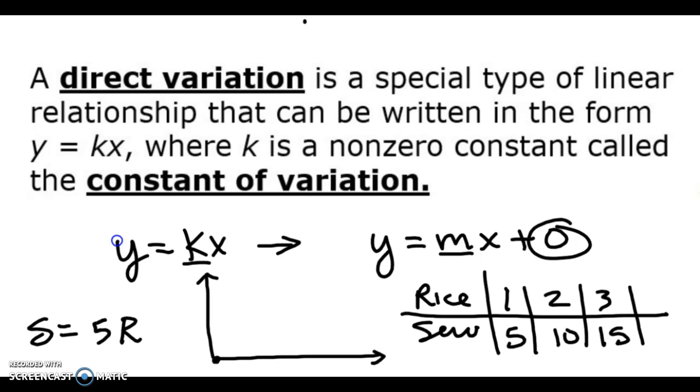We can see that the variable is 5. Take any amount of rice, multiply it by 5, and that's how many servings or people you can feed.